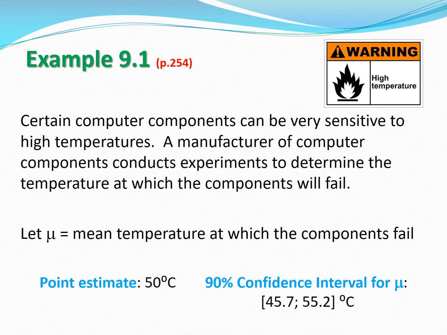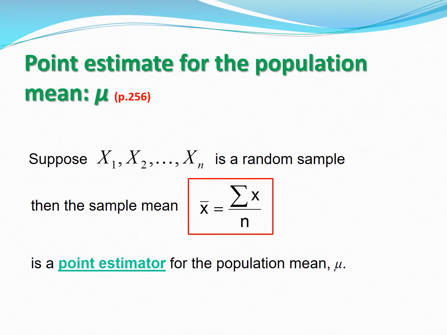But if he calculates, for instance, a confidence interval for the population mean at a confidence level of 90%, then there will be two values, a lower limit and an upper limit of that interval, and we can then say that we are 90% confident that the computer components will fail between 45.7 degrees Celsius and 55.2 degrees Celsius. Let's first look at the 3-point estimates.